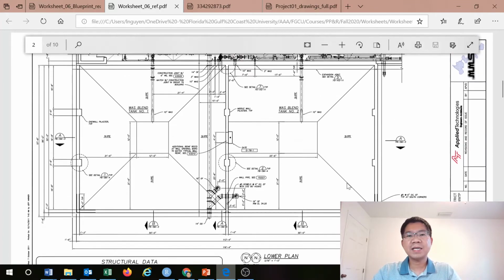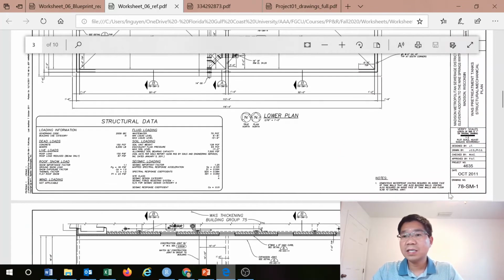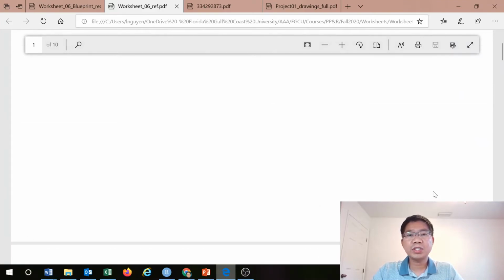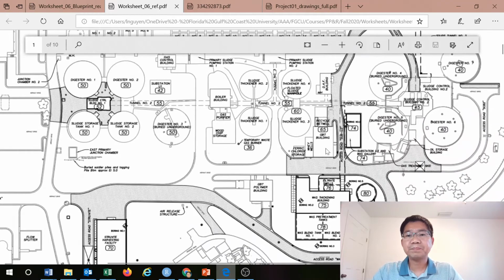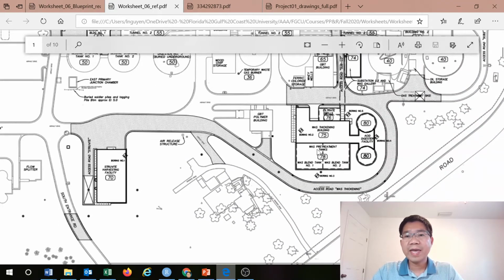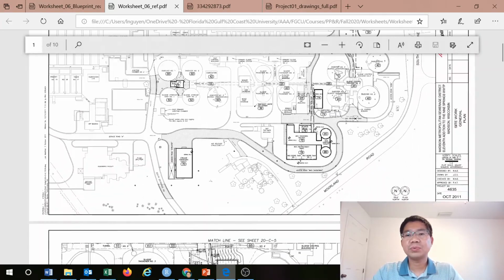So basically, for this project, this item 78, which is for the general, is the WAS pretreatment tanks, and that is the 78 that they refer to.